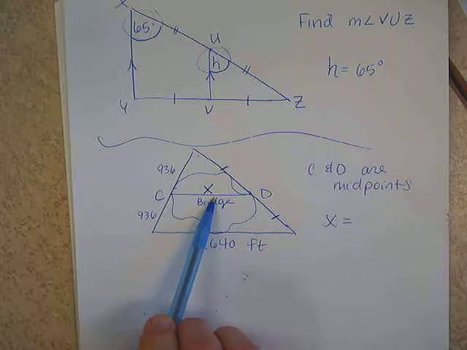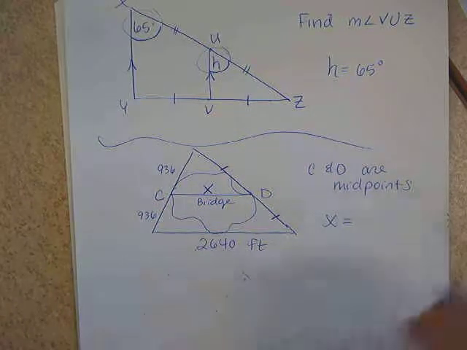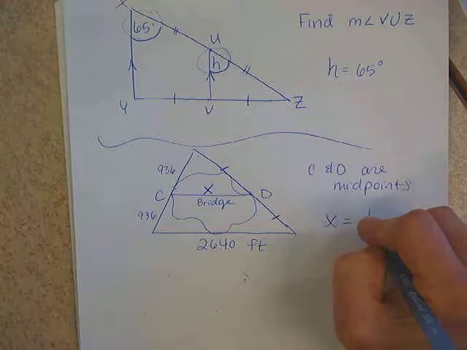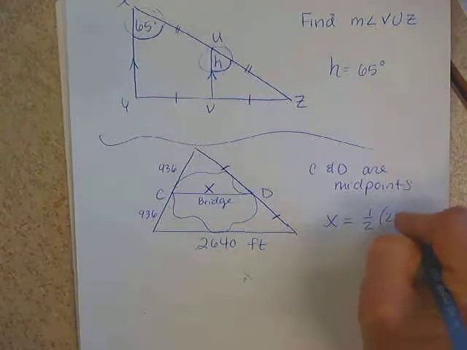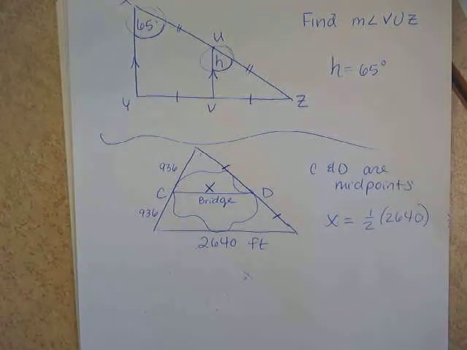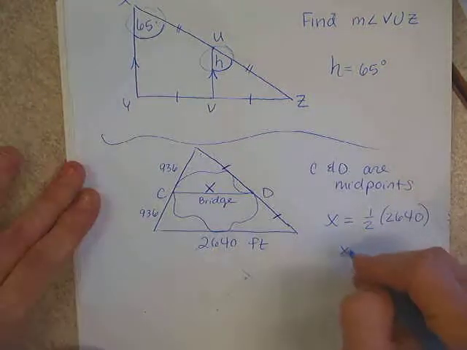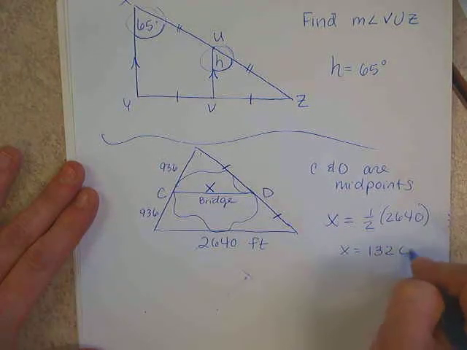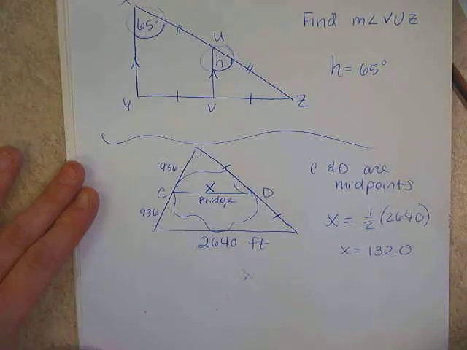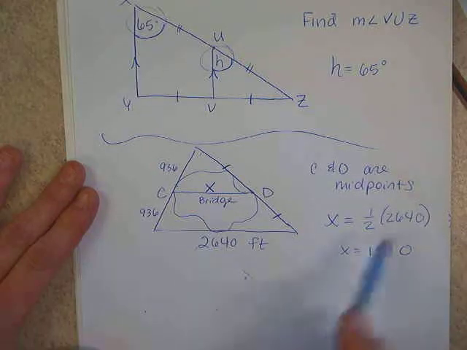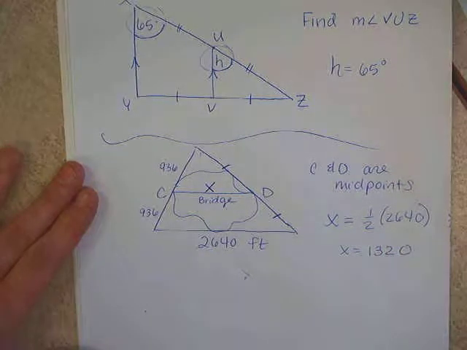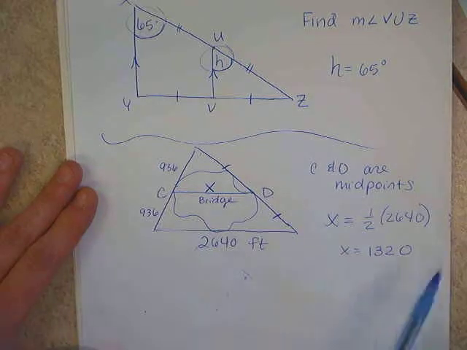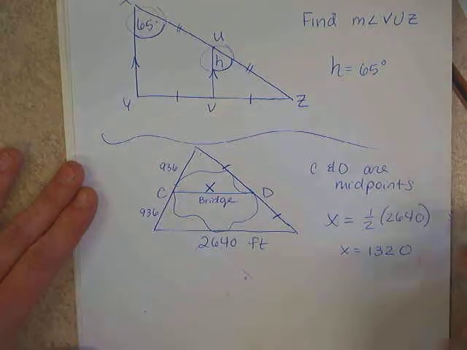As soon as I know that these are midpoints, yes, those two would be parallel. That's not going to help me, but what would help me, Kaiser? How long the bottom part of the triangle? Yep. This part being parallel to that, or being the third side, should be twice as big as the mid-segment, right? So how do I find the length of the bridge? Divide the 2,640 by 2. Yep. It's going to be half of 2,640.